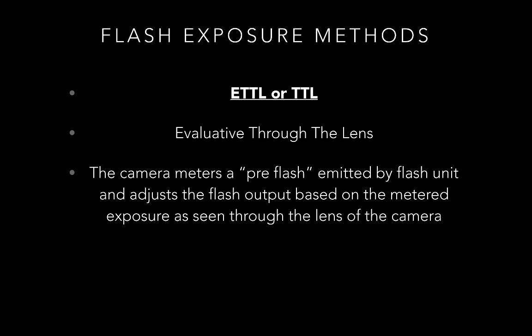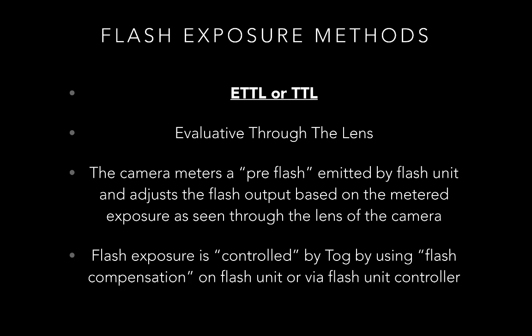That pre-flash is going to hit your subject. Your camera is going to then read how much light was put out, how under or overexposed your subject is, and then it's going to adjust the power on that flash based upon the way you tell your camera to meter, whether it's single point or evaluative or whatever it might be.